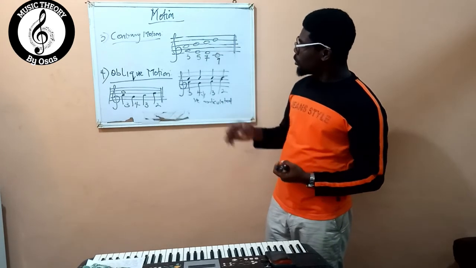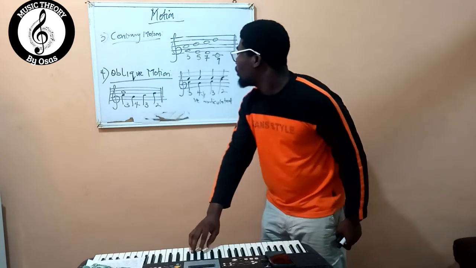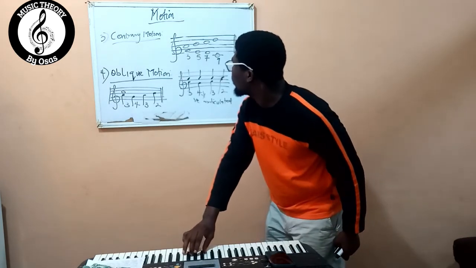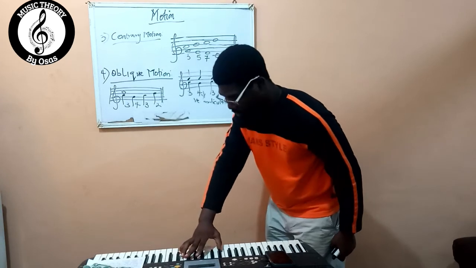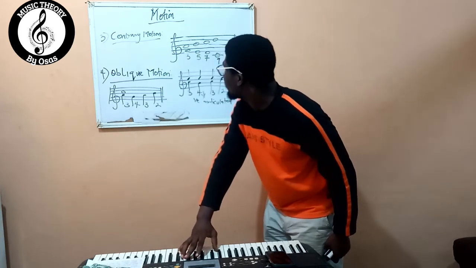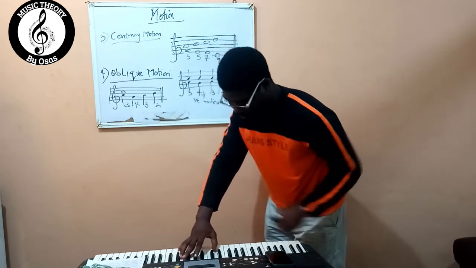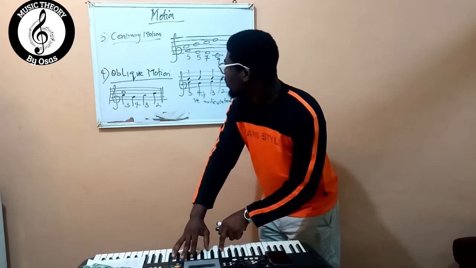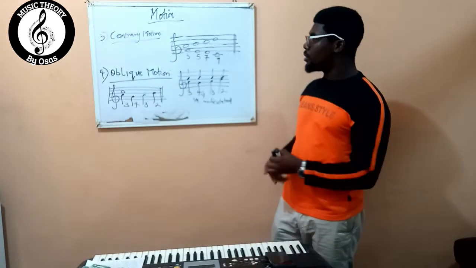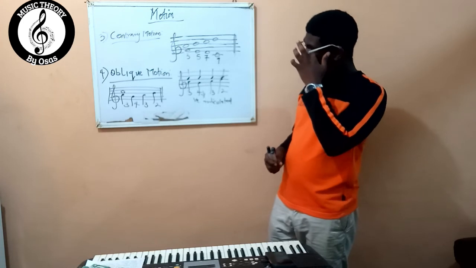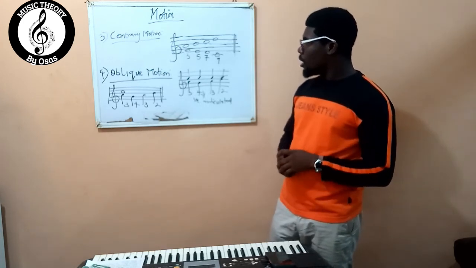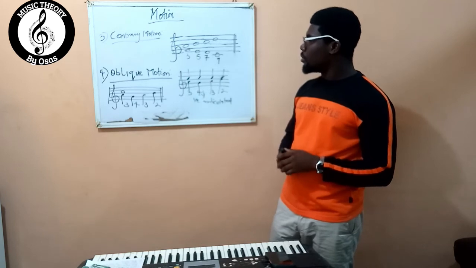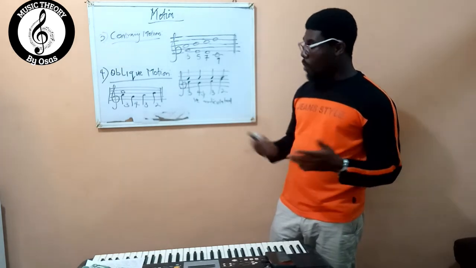Let's look at the contrary motion. What do we have here? It's moving in the opposite direction. So that's all about the direction of motions. We'll come again with them.